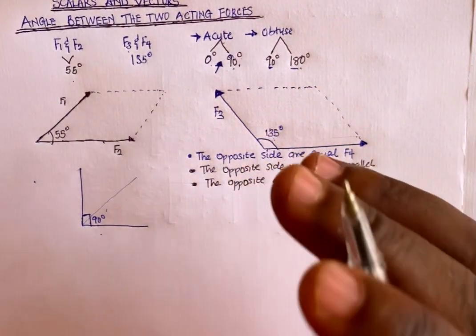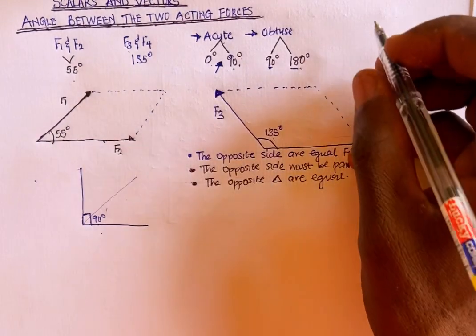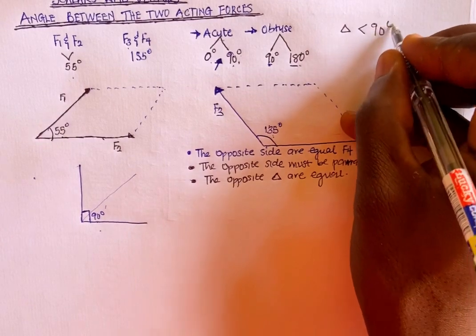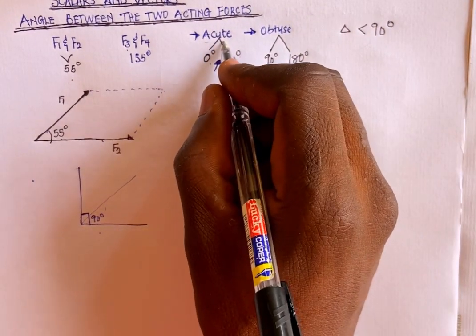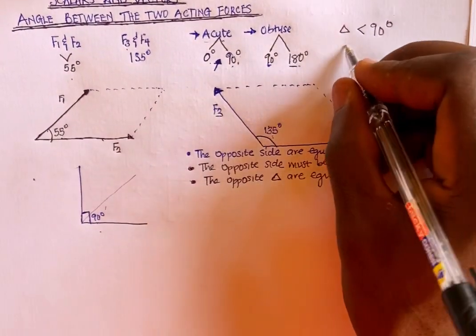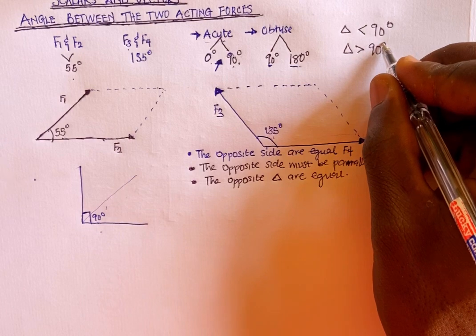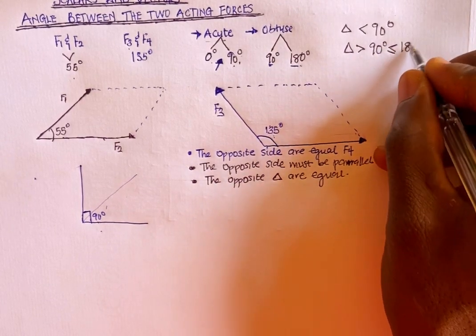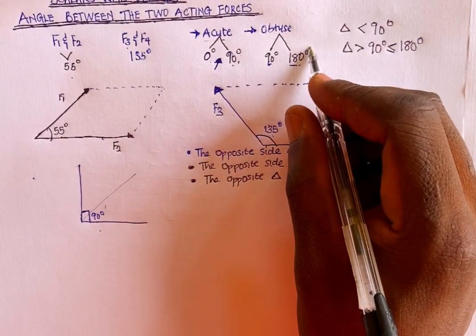So one major thing to note is that whenever we are talking about an angle less than 90 degrees, most of them are actually acute. If you are talking about an angle greater than 90 degrees but less than or equal to 180 degrees, they are actually obtuse angles, right?